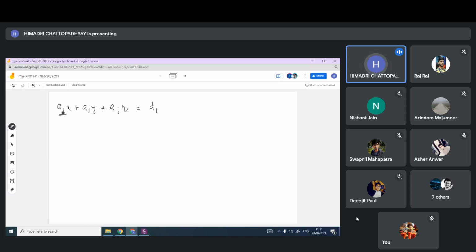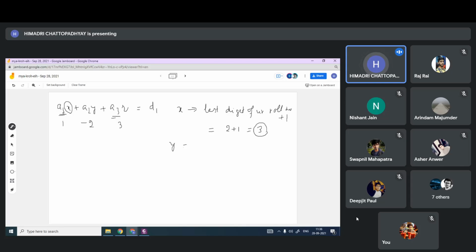Here a1 is 1, a2 is minus 2, and a3 is 3. Now what is x? x is the last digit of your roll number plus 1. Suppose your roll number is 12, the last digit is 2, plus 1, so you get x equal to 3.